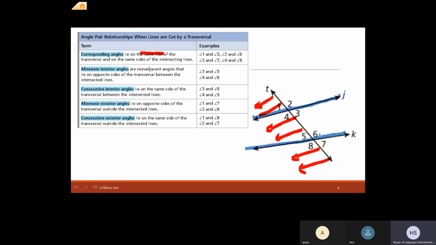I will repeat it now. Where are my intersecting lines? This is the first one, line J and line K. When I say same side of the intersecting lines, what are the intersecting lines? The blue lines. Same side: I'm talking about up, or down.